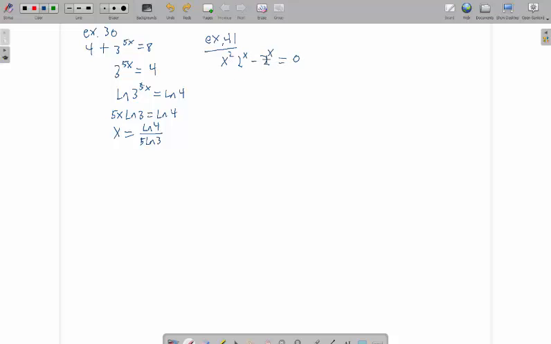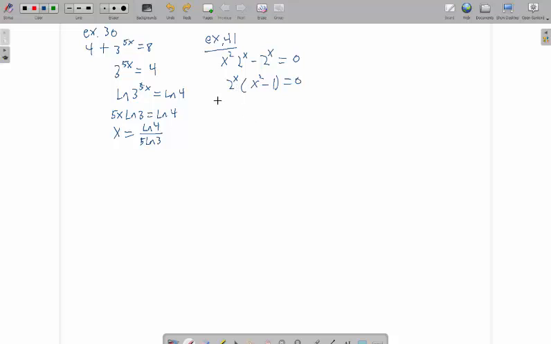Well, this mixes several pieces, but I can still use my previous knowledge. I know I can factor something like this. It has a common 2 to the x. If I factor out 2 to the x, I get x squared minus 1 equals 0.